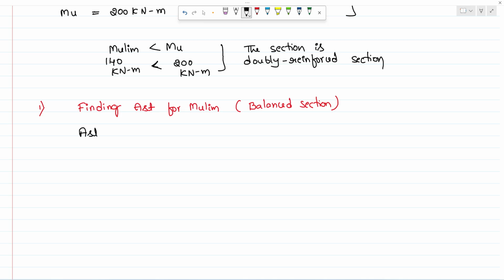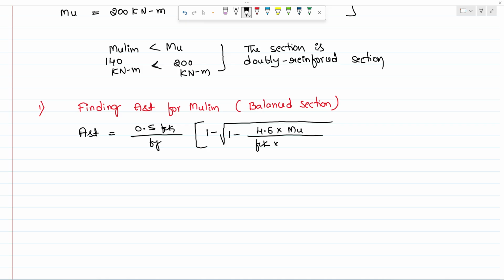So area of steel equals, you know the formula, 0.5 fck divided by fy into 1 minus square root of 1 minus 4.6 multiplied by Mu divided by fck b d square, multiplied by b d. So let me substitute the values.